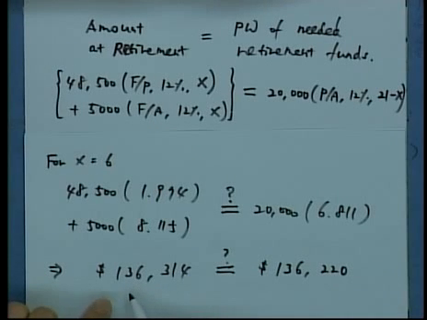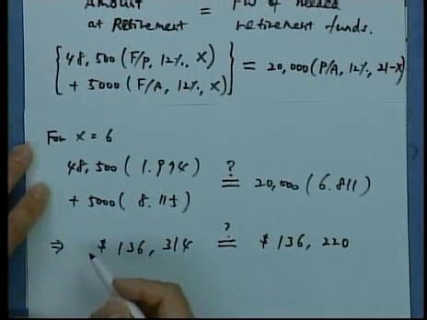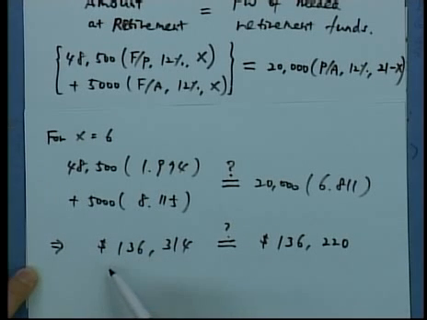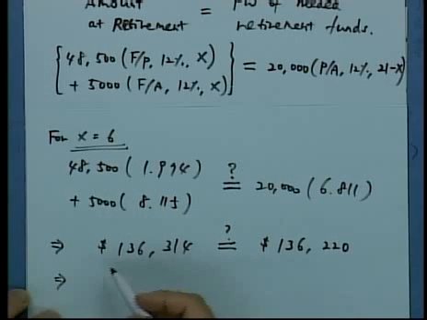So this is the amount of money he has at retirement, and this is the amount of money needed for his retirement. I would say this is slightly larger than this. So the amount of money at retirement is slightly larger than the money needed for his retirement. So I think I can say X would be 6.